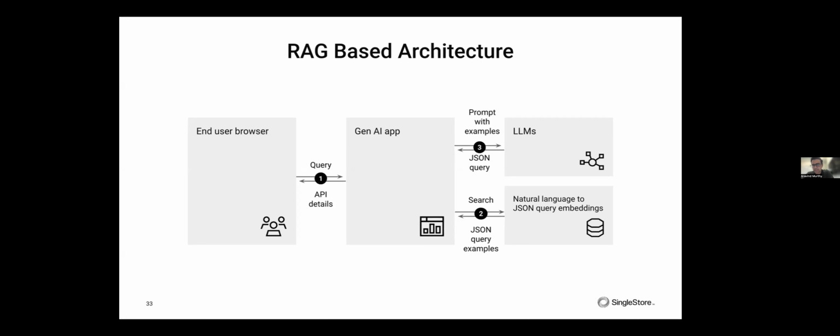So those examples are stored in the SingleStore vector database, and we get back the JSON query examples. Now these examples are given as context to the LLM, and then we try to parse the given query, right? In step 3, we use the OpenAI LLM, which parses the input query into a JSON query structure and returns it back to the app.